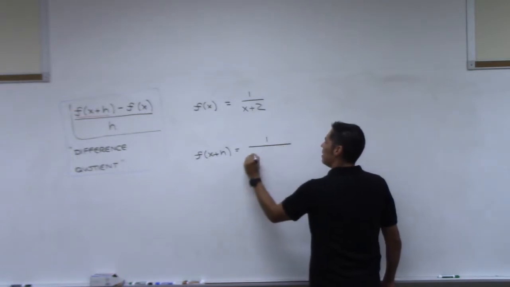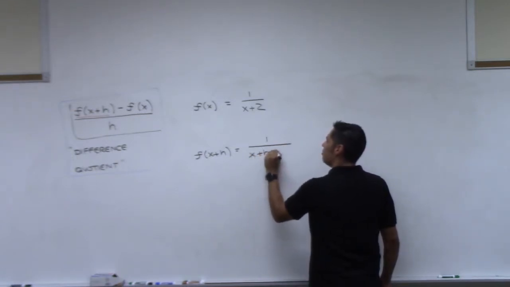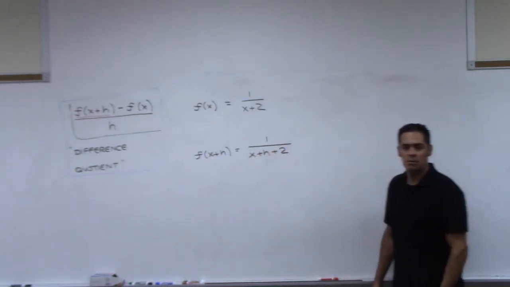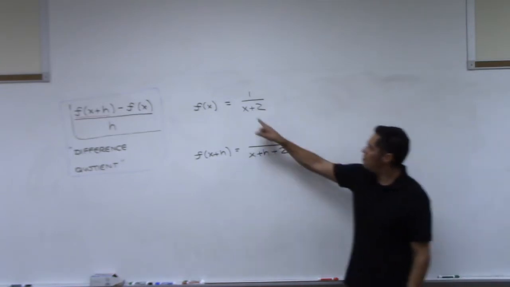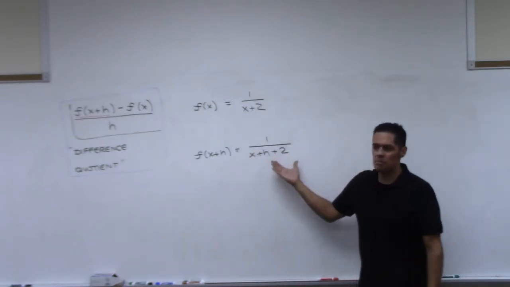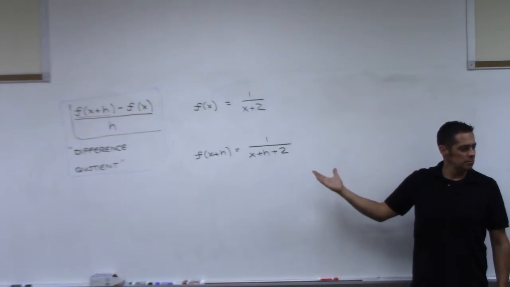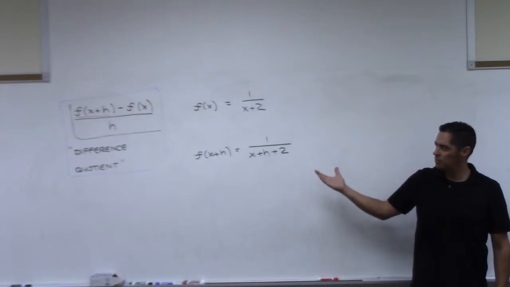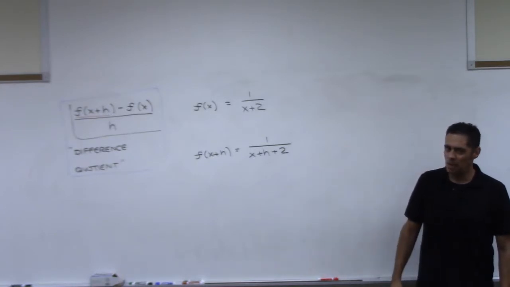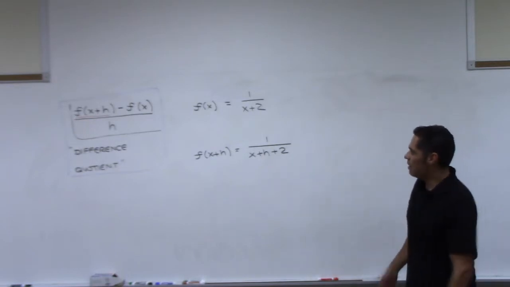That doesn't seem like that's too difficult. Do y'all see that? All I did was replace that x with x plus h. Not so bad? Okay. All right, so I've got that part.